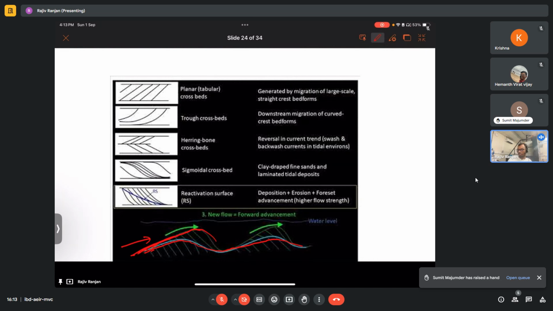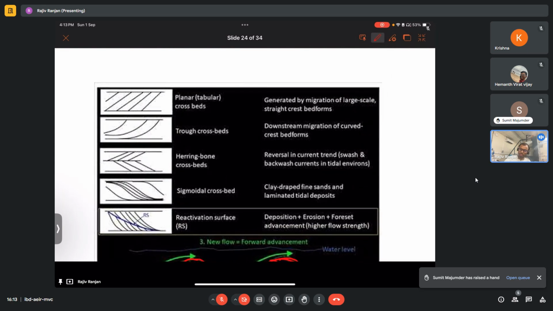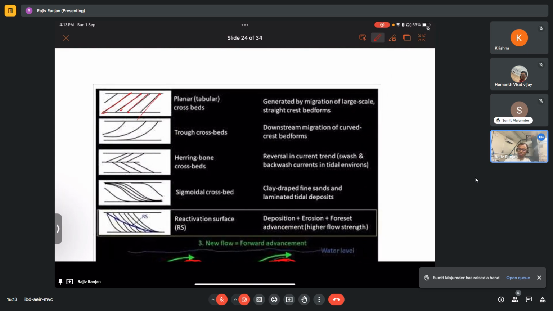You can see this is going and depositing, again and again. So here you can see different types of cross beds. There is no variation, you can see almost parallel lines, straight linear cross beds. That is why it is called planar or tabular cross beds.